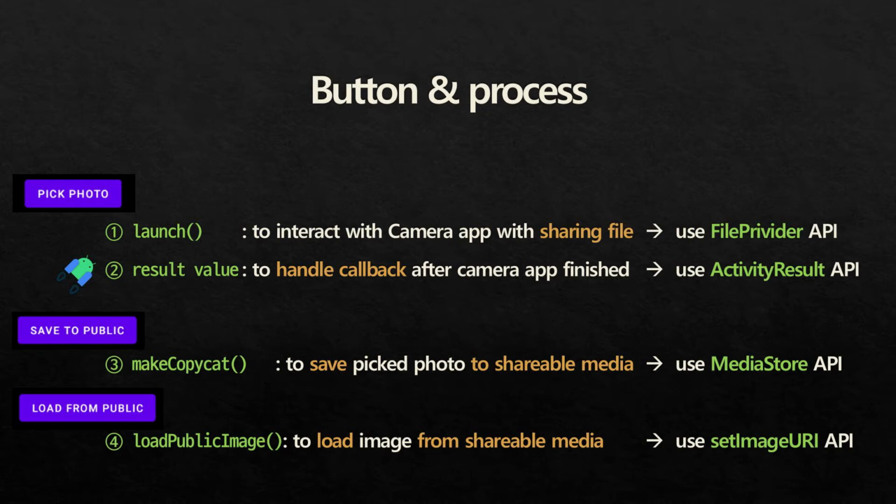In order to use the camera app to capture photos, you need to share files between the two apps. Save to public. In order to save the captured photo to the public storage, you need to create a file on the public storage. Load from public. To load the photo from the public storage, use the photo's content URI.